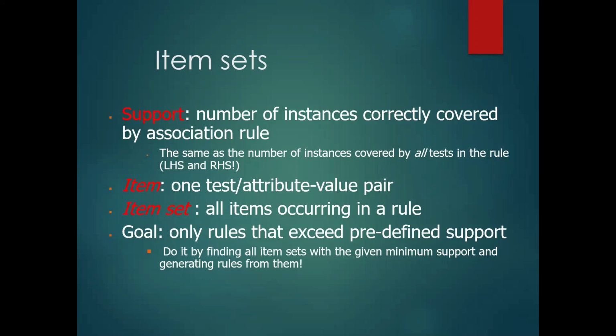And an item is one attribute value pair, which means if you take Outlook and let's say Sunny, you have an attribute value pair, right? And when you take multiple, we call them item sets. So the idea is we are going to create a set of rules which exceed the predefined support value. I will explain again with the example.